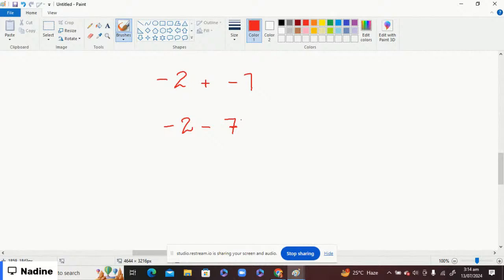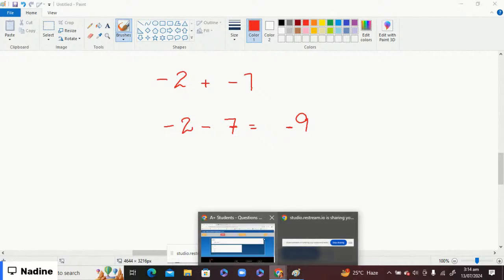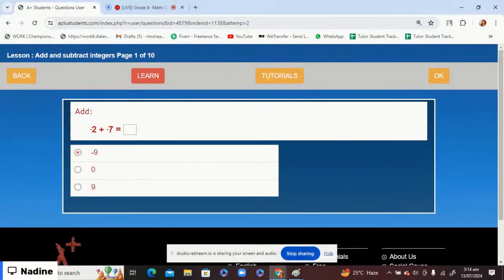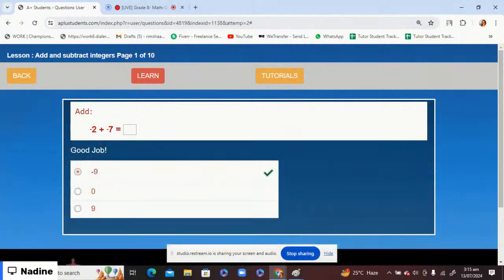Minus 2 minus 7, what's the answer? Minus 2 minus 7 means 2 plus 7 is 9, but with the 9 we are going to put a negative sign. Why? Because the greatest number has a negative sign. So let's check, is there any option for minus 9? Yes, it's here, the first option.